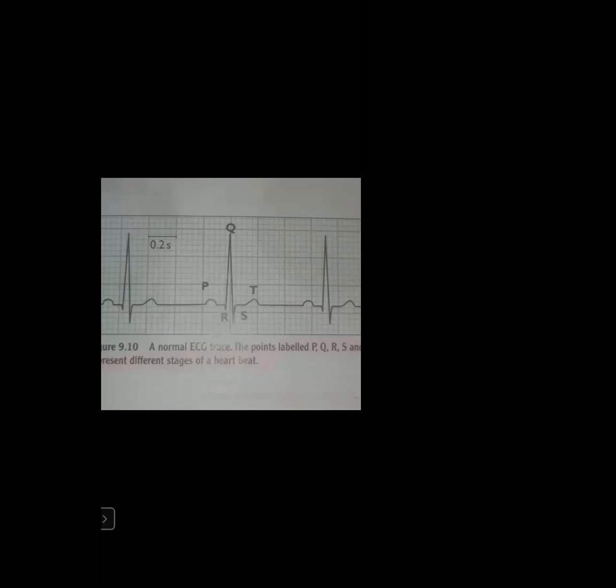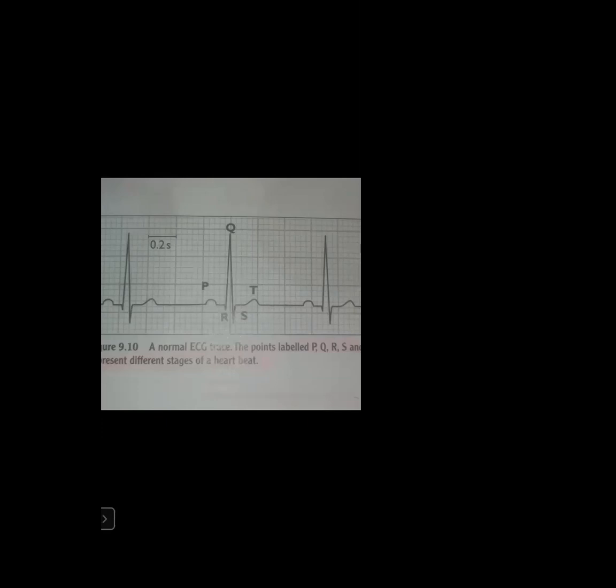On the other hand, the P bump, called the P wave, is representing atrial contraction. You can appreciate the fact that the P wave is preceding the Q wave. Preceding means coming before it. The Q wave is following the P wave, meaning that the Q wave occurs after the P wave.